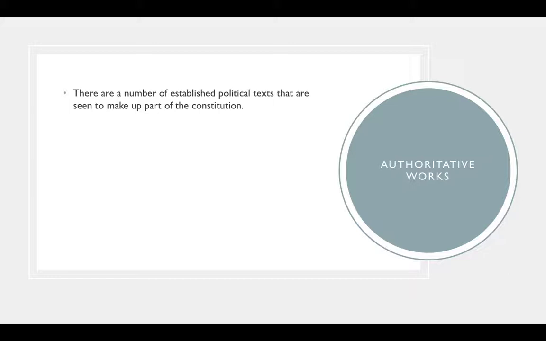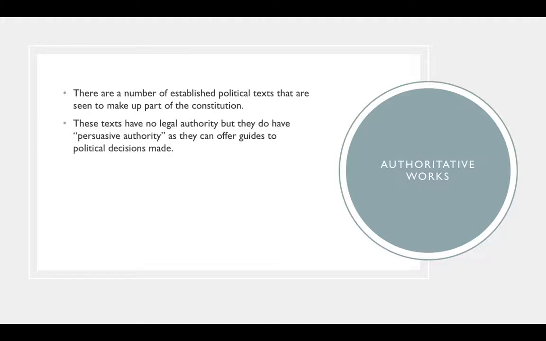Another source of the Constitution, the fourth source, is a little less important, but also sways upon different rules that have been made, which is authoritative works. So works of authority are a number of established political texts that are seen to be part of the Constitution. They explain how the Constitution has worked and developed.